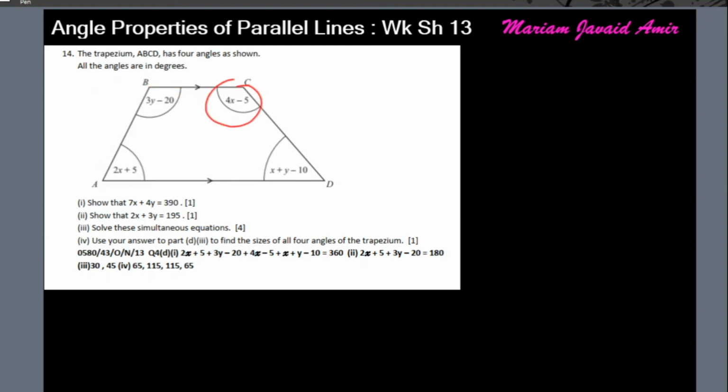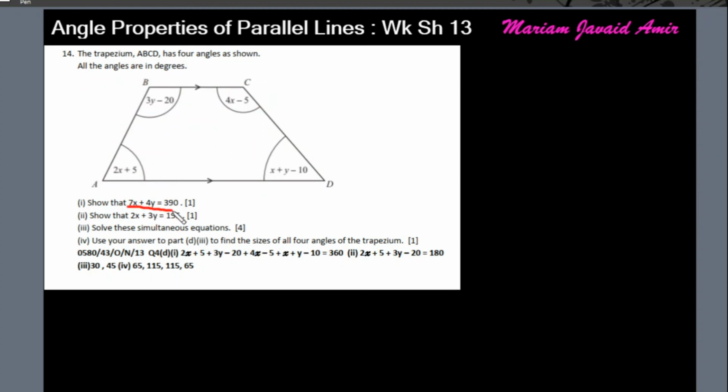Similarly, the sum of these two angles will be equal to 180. Also, the sum of all four angles would be equal to 360 degrees. So one of these three formulas would work here to get this.